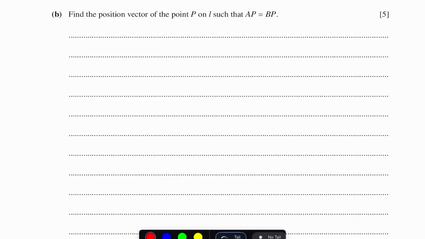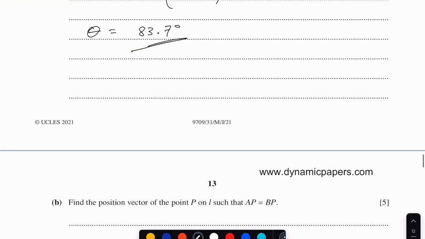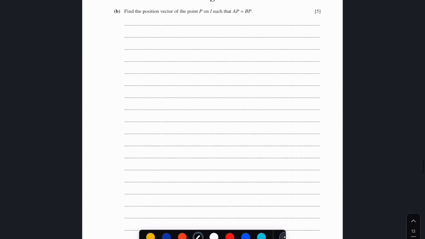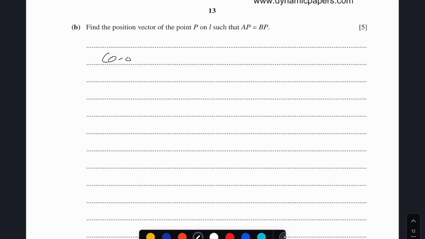Alright guys, now for part b, it says, find the position vector of the point P on L, such that AP is equal to BP. Right, so for this, we can say that, firstly, the coordinates of P are going to be generalized.